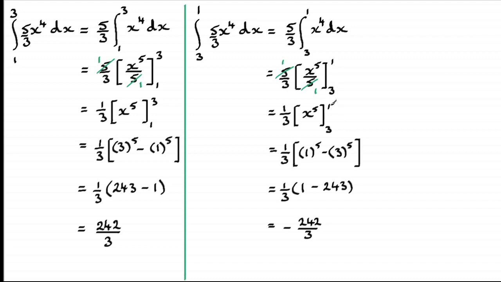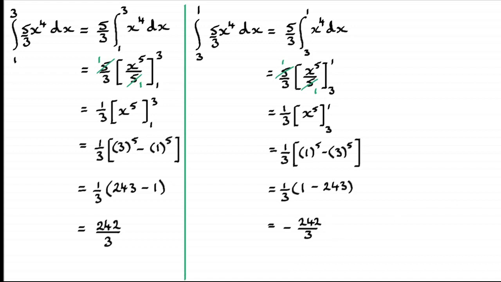So what happens is we substitute the 1 in first of all, and we subtract the 3 to the power 5. And so instead of getting 243 take 1, we end up with 1 minus 243, giving us the negative result of what we had here, minus 242 over 3.